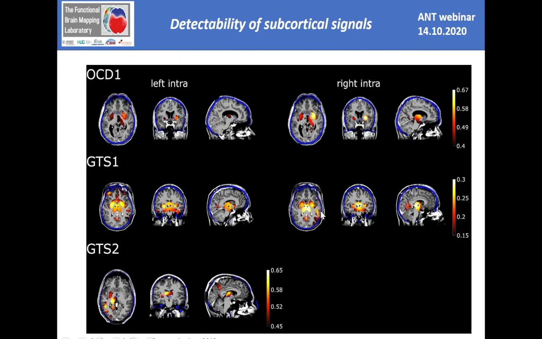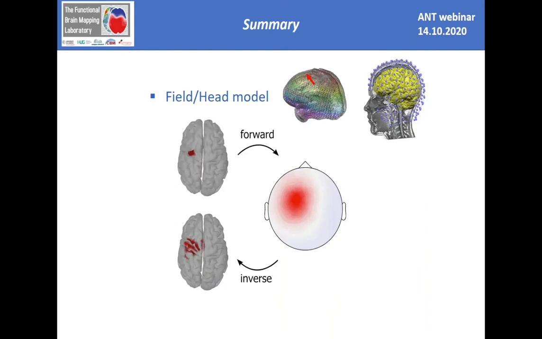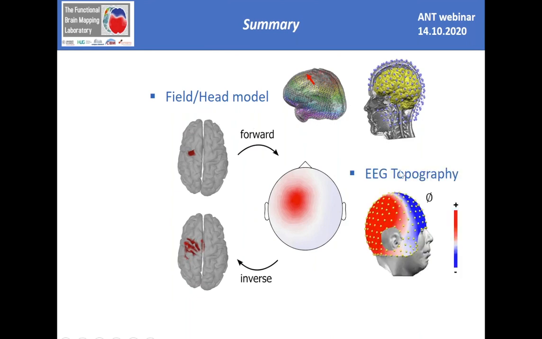With this, I want to wrap up. What we discussed today is how EEG source modeling, or EEG source imaging, works. We discussed field and head modeling. Based on these field and head models, we can combine this information with the actual EEG recordings, using the EEG recordings for topography, combining the head model and the EEG recordings, using specific constraints. We can implement the EEG source localization.